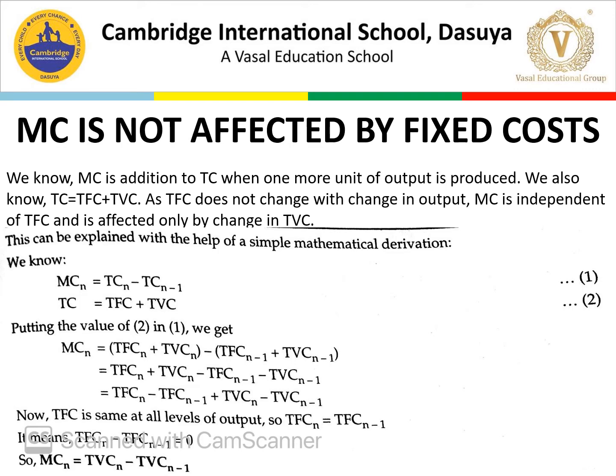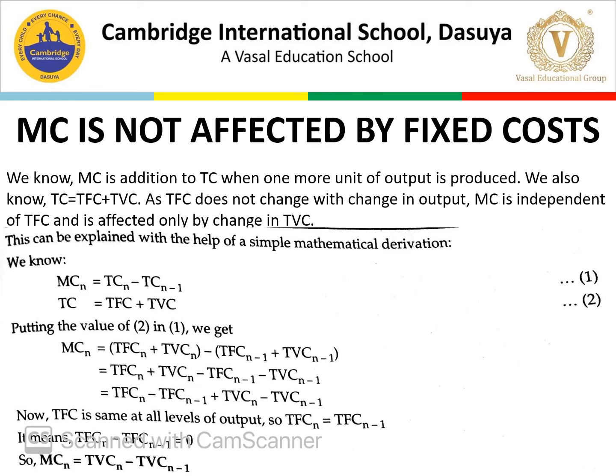That is the first equation. Then the second is TC is equal to TFC plus TVC. So putting the value of 2 in 1, we put the value of the second equation in the first equation. It's very simple, not difficult. You can do it like this.